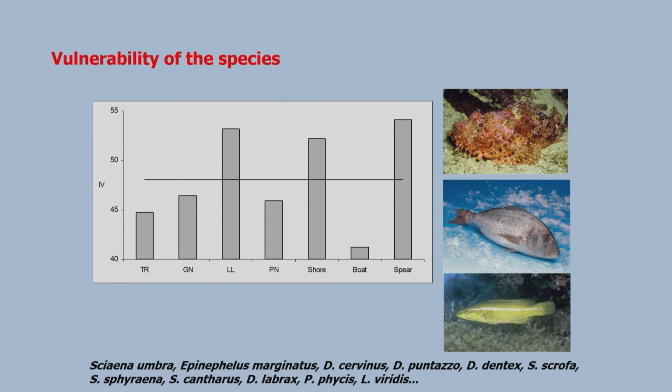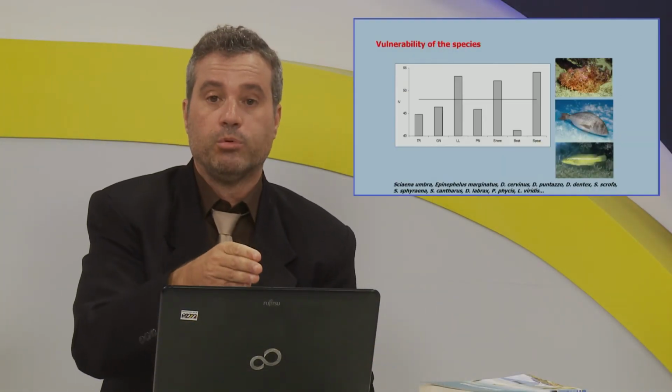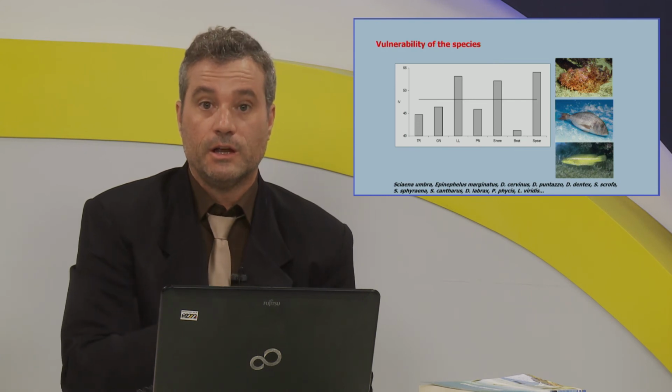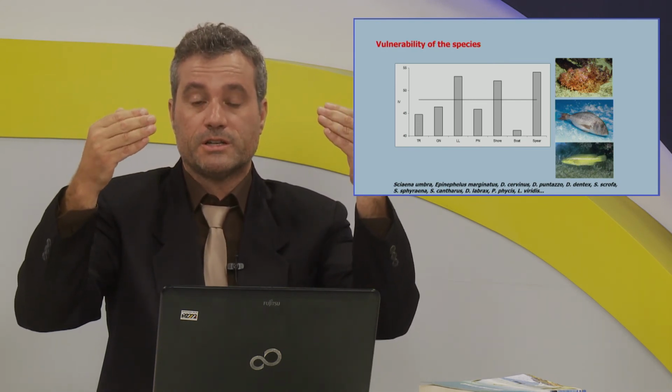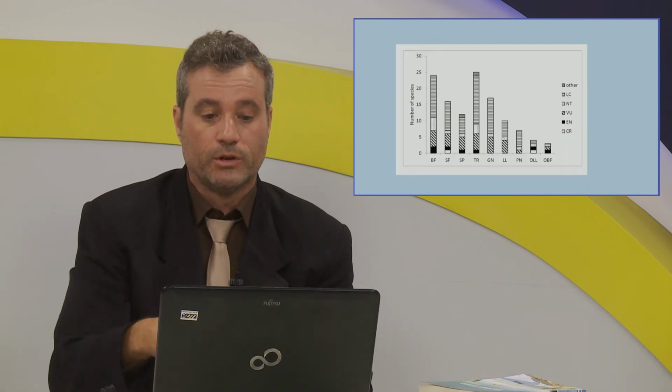You can compute for each species the vulnerability index, easily found in FishBase, intrinsic vulnerability of fish, and then you can raise this vulnerability of each species to the catch of each species and compute the vulnerability of the catch by, for example, gear, and compare, that's what we have here, the vulnerability of the catch of different gears. Then you will see which gears are targeting more vulnerable species and which gears are targeting less vulnerable species.